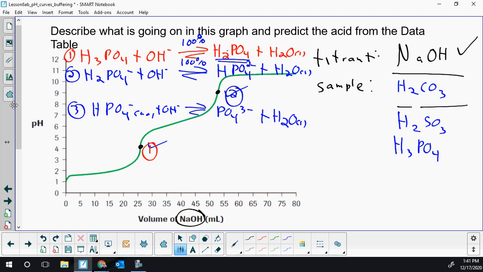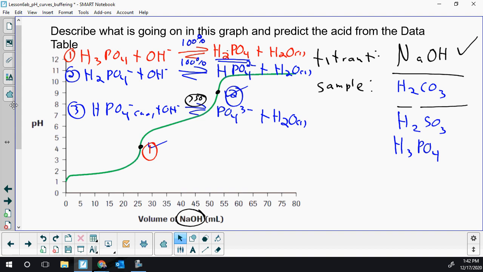This third reaction is not 100%, so I'm not going to write anything above that arrow. We could use our table to make a prediction. It is more than 50%, but it is not 100. I guess I'll write that more than 50 in. But because we don't see a third inflection point, we know it's not 100.